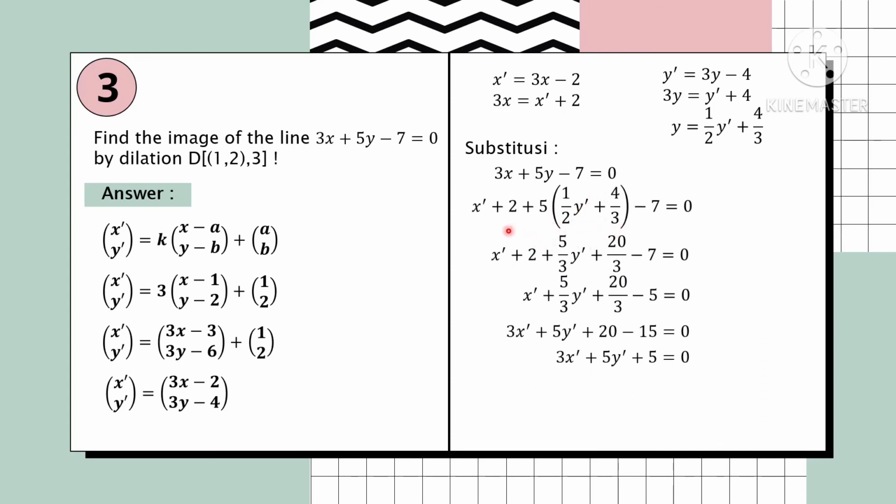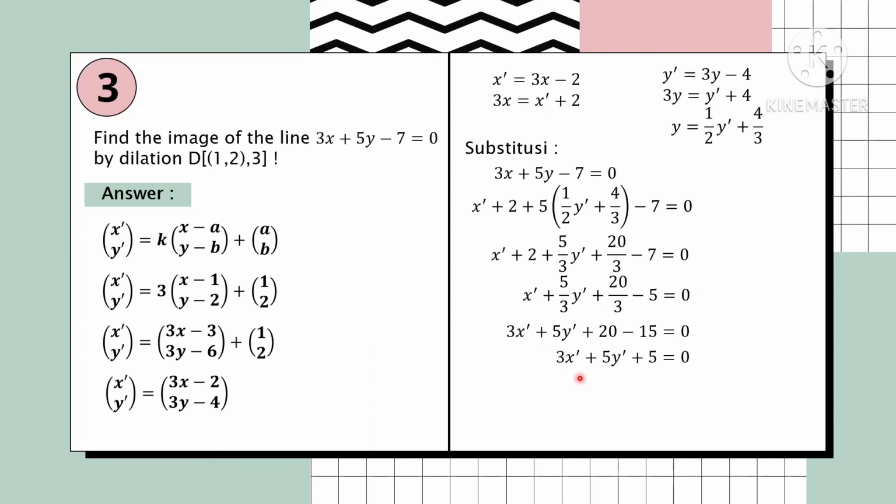Then we get x prime plus 2, plus 5 times 1 over 3 y prime plus 4 over 3, minus 7 is equal to 0, until we find x prime plus 5 over 3 y prime plus 20 over 3 minus 5 is equal to 0.